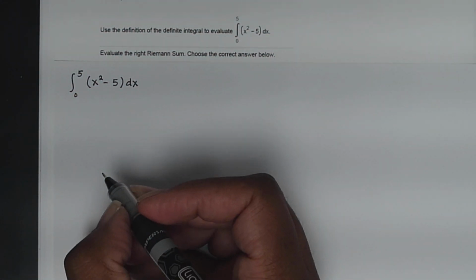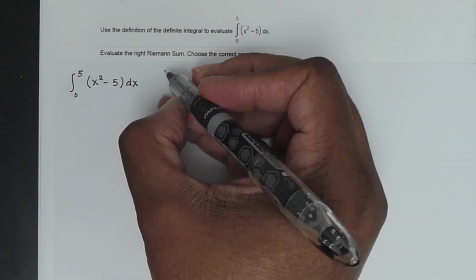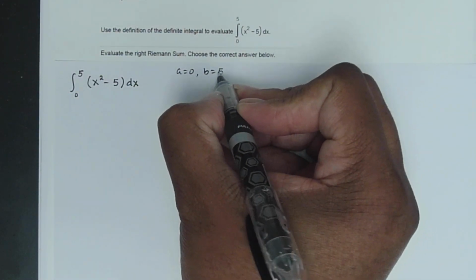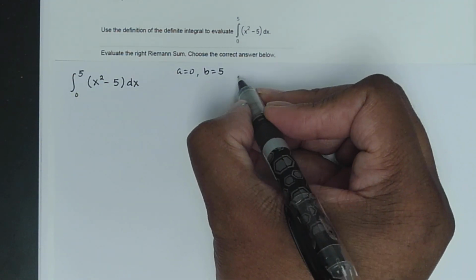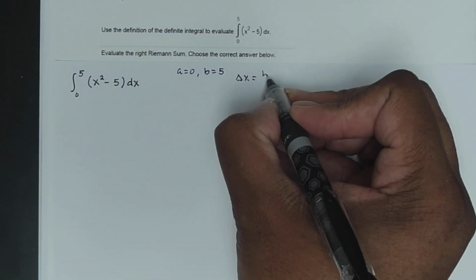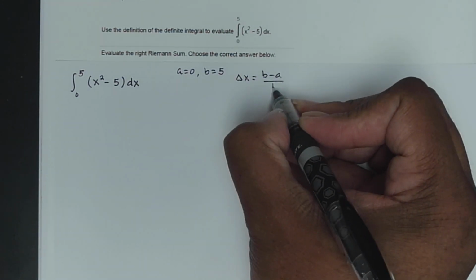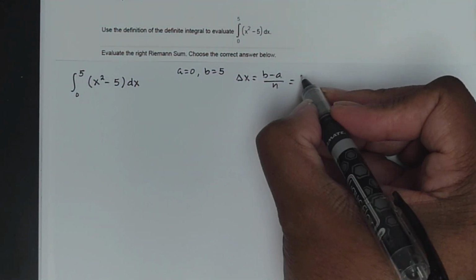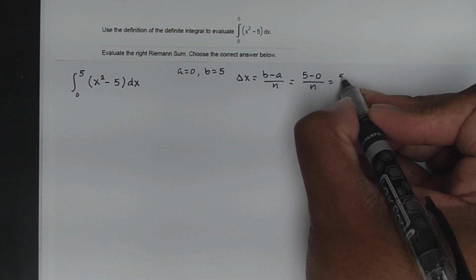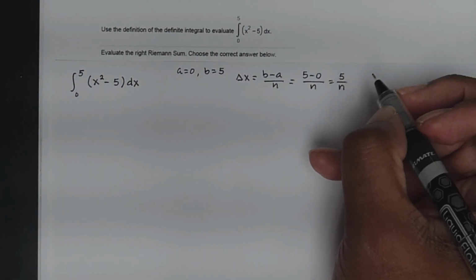Now we have our lower and our upper limits, so a equals 0 and b equals 5. So that means delta x, which we know is b minus a divided by n, is 5 minus 0 divided by n. This will be 5 over n for our delta x.